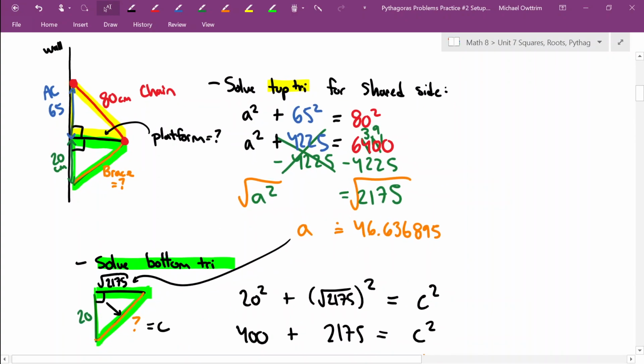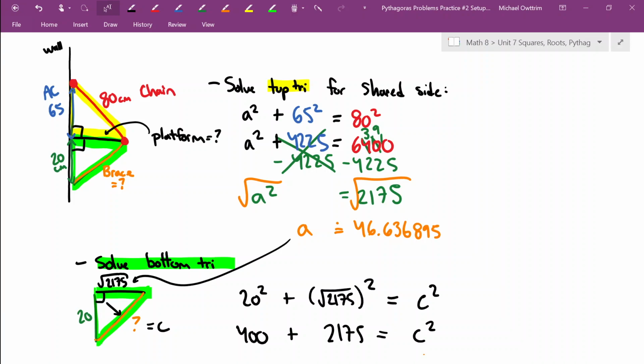Solving the top triangle, we would have our 80 centimeters as side C in our Pythag. We'd have our 65 centimeters as side B, and our platform would be our unknown side A. Solving that out gives us our platform width is the square root of 2,175.